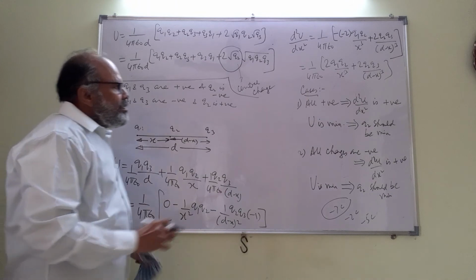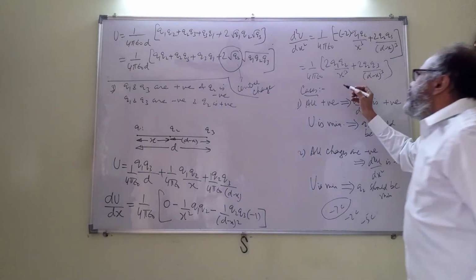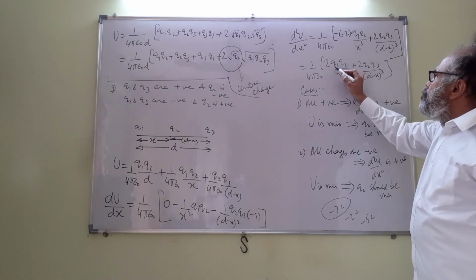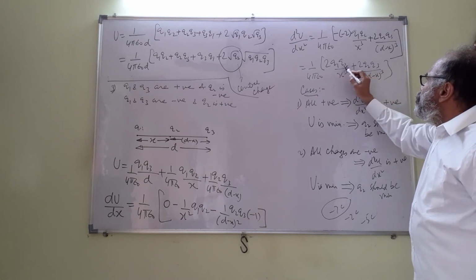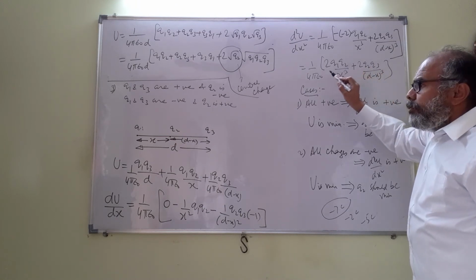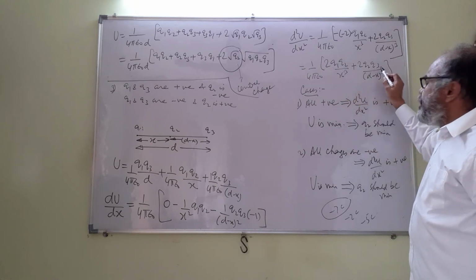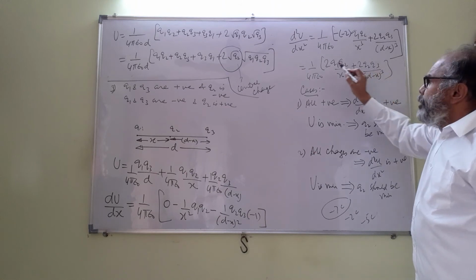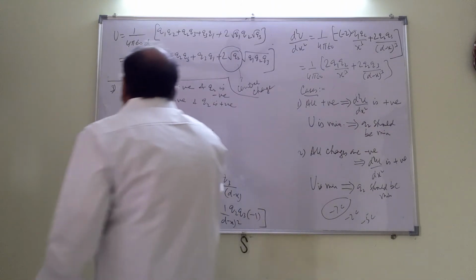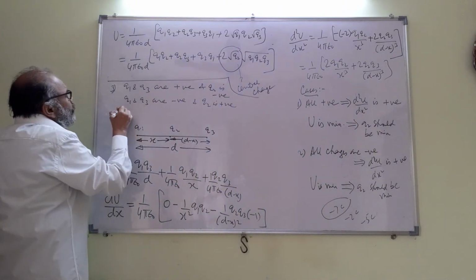If this is the case, check d2U by dx squared. If Q1 and Q3 are positive and Q2 is negative, d2U by dx squared will be negative.